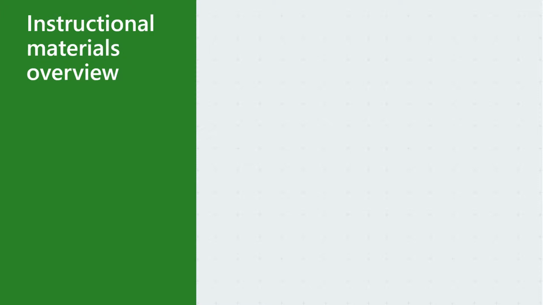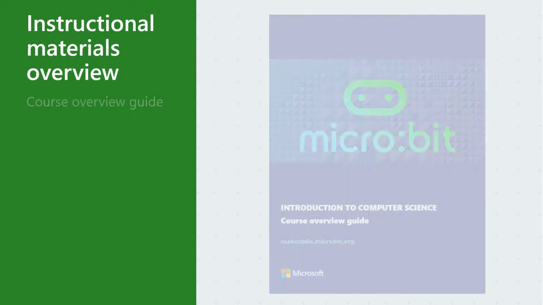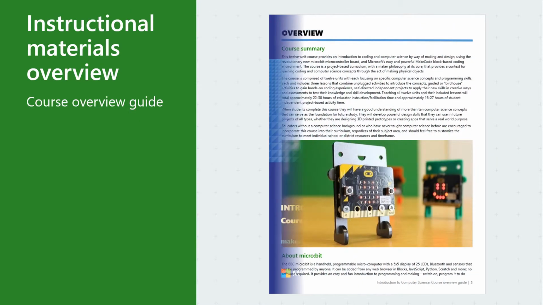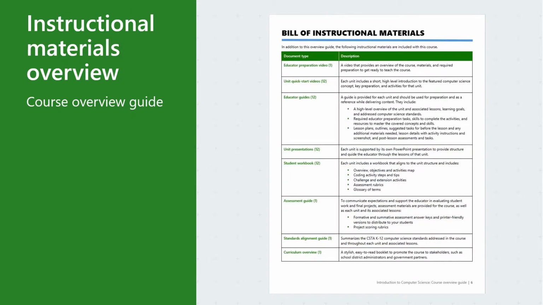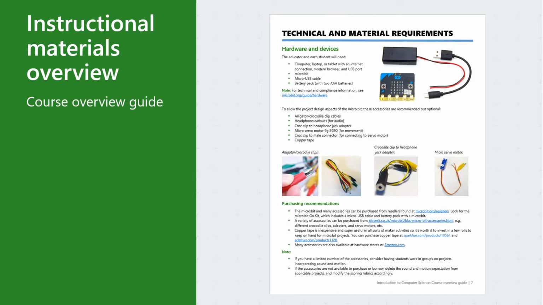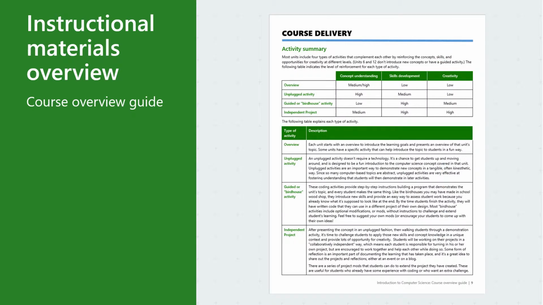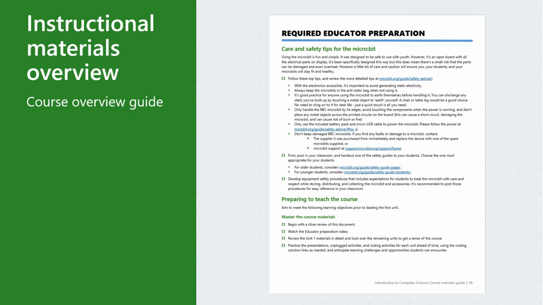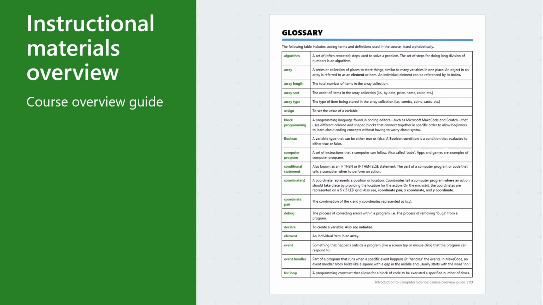Feel free to pause at your convenience to look at any of them in more detail, then continue watching. Those materials include a course overview guide with an overview, bill of instructional materials, technical and material requirements, course delivery, required educator preparation, and a glossary.